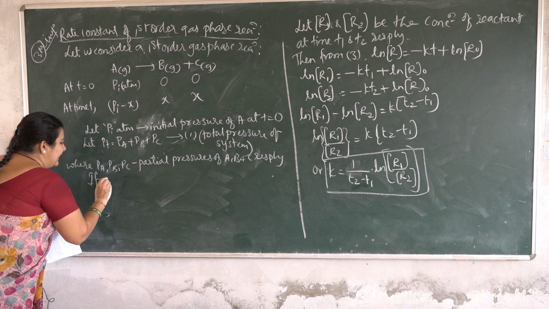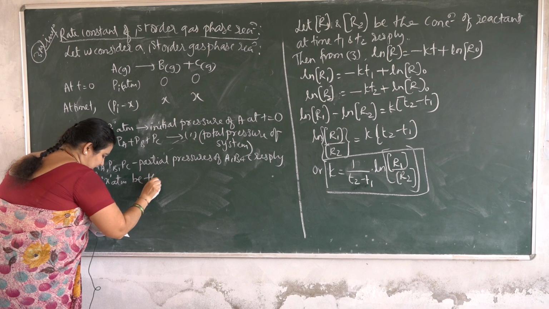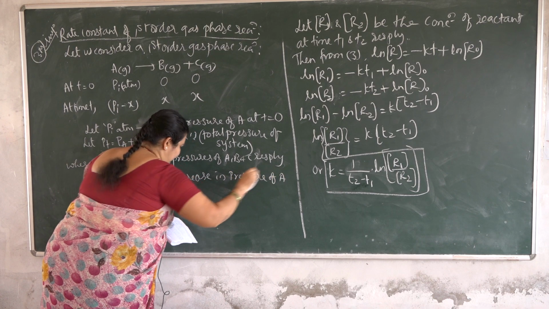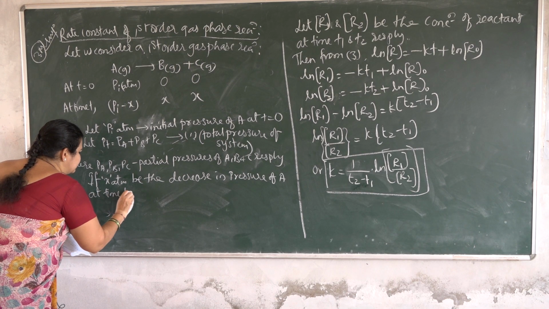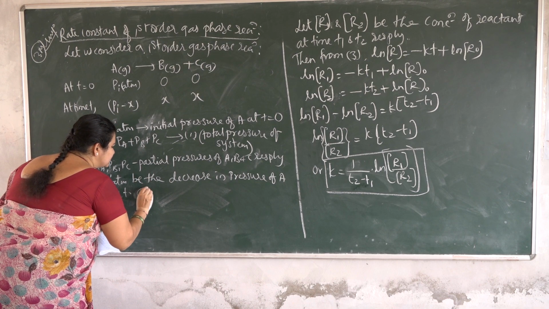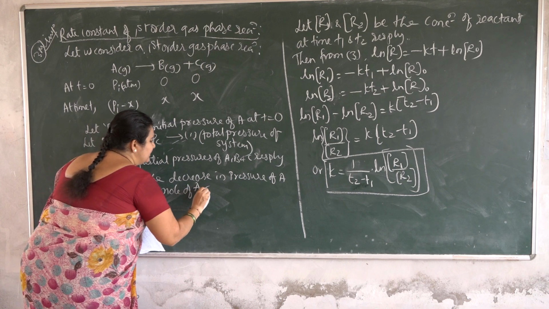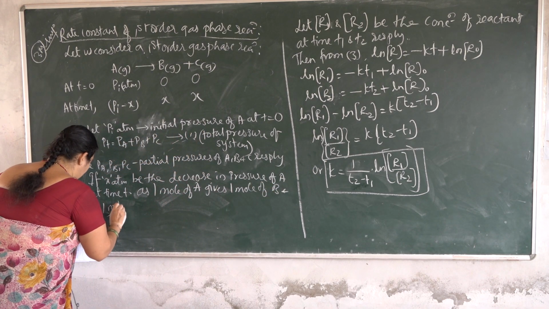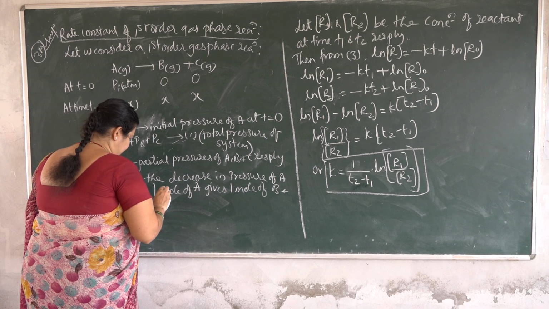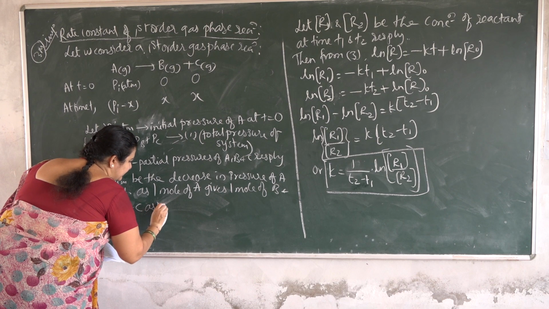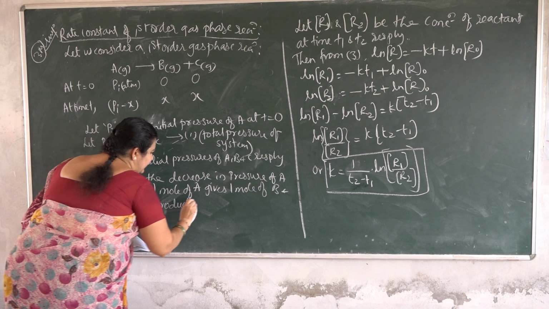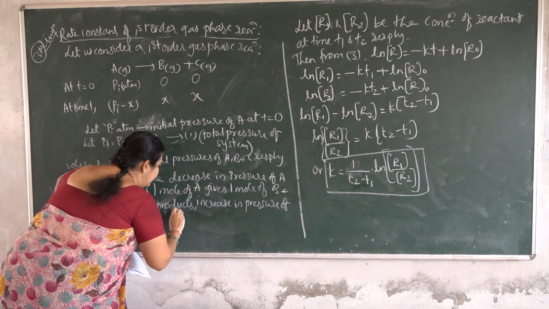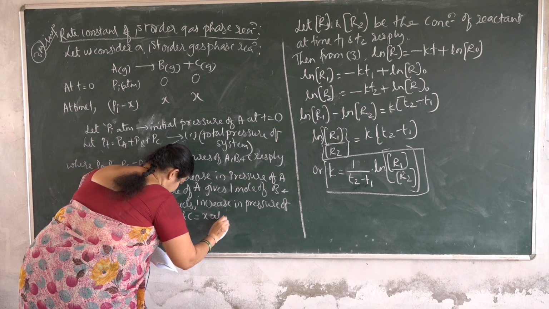Now if X atmosphere be the decrease in pressure of A at time t, as 1 mole of A gives 1 mole of B and 1 mole of C as products, the increase in pressure of B and C is equal to X atmosphere each.